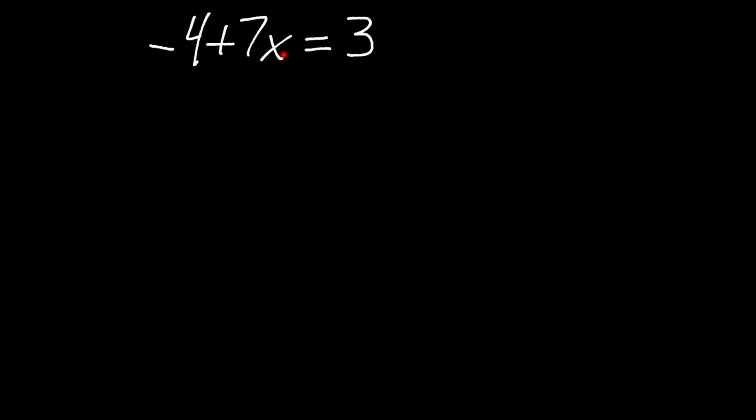If I knew what x is, let's say we thought it was 2, and I had negative 4 plus 7 times 2 equals 3. Well, to solve all of this, order of operations would tell me I have to multiply first and then add.